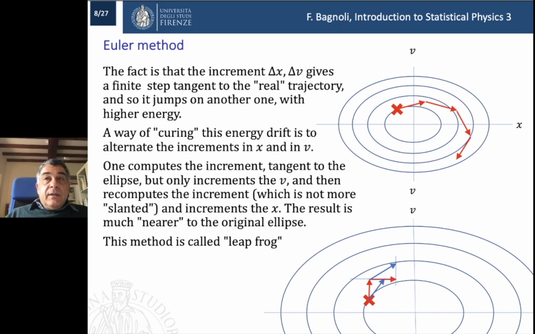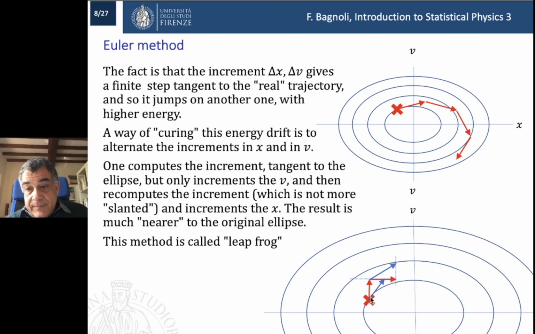A way of curing this drawback instead is that of separately increasing the steps of x and v. For instance, I'm here, I compute the derivative here, but I just increase, say, v. So I go on this new surface. Then I again compute the derivative, which is this blue arrow, but I only increase the x.